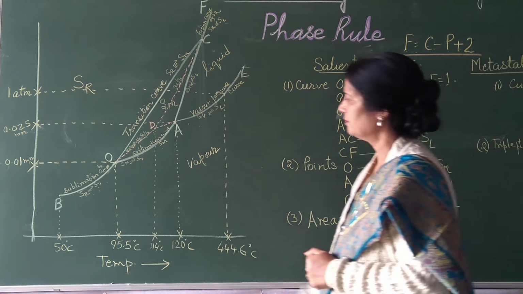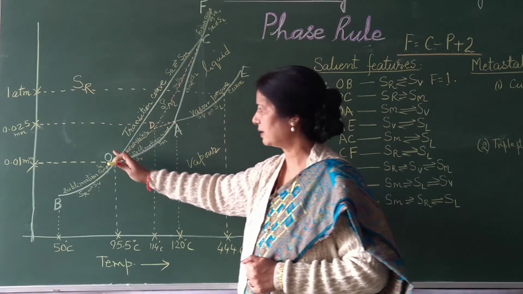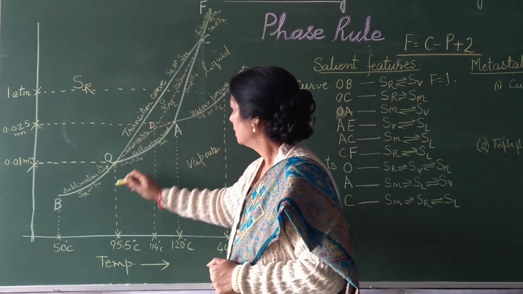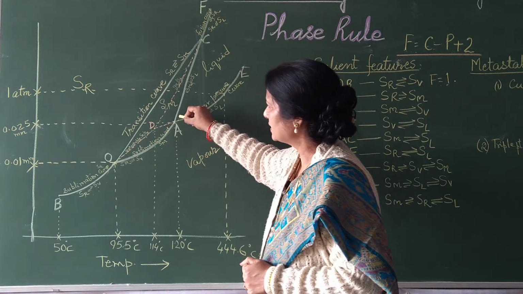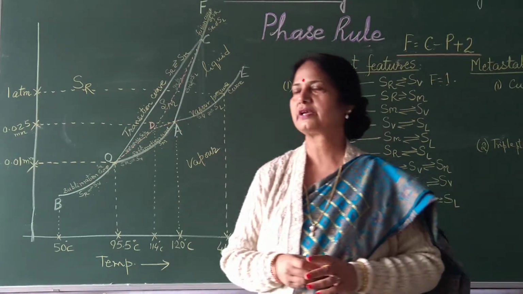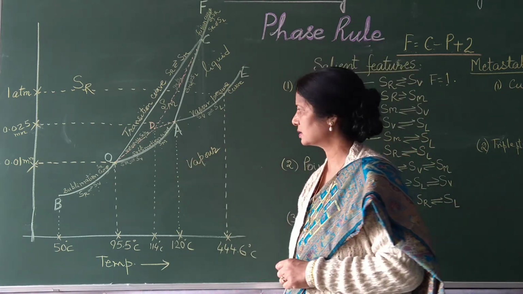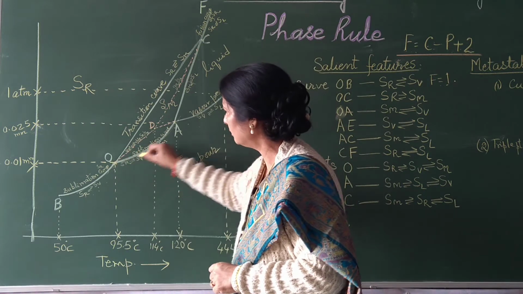Now, rhombic sulfur has been converted to monoclinic sulfur at this point O. This curve OA represents the sublimation curve of monoclinic sulfur. It shows the effect of temperature on the vapor pressure of the monoclinic form of sulfur.